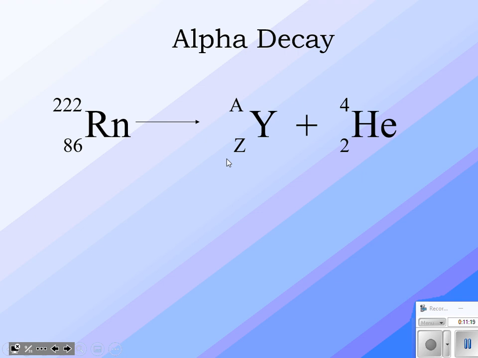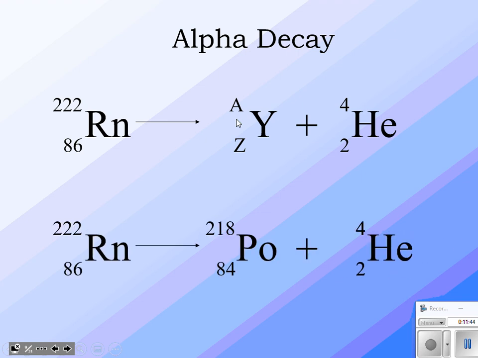Because that's our protons. So what is Z minus 2 going to give us? What number? 84, okay? And what is 84? Polonium. So what's my top number going to be? What's my A going to be? 218. Pretty tough math, right? 218, 84, polonium.